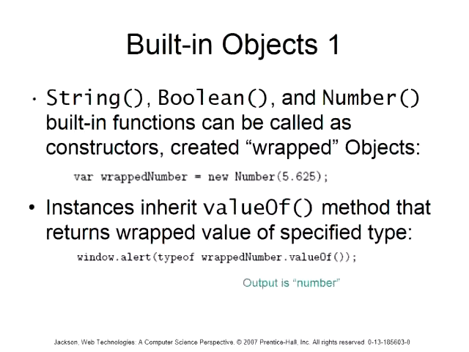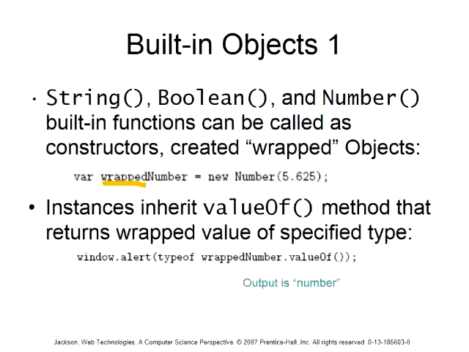So the question is, if we want to create a number as an object, or a string as an object, or a Boolean as an object and not a primitive type, we talk about a wrapped object. So a wrapped object is an object that represents a primitive type.